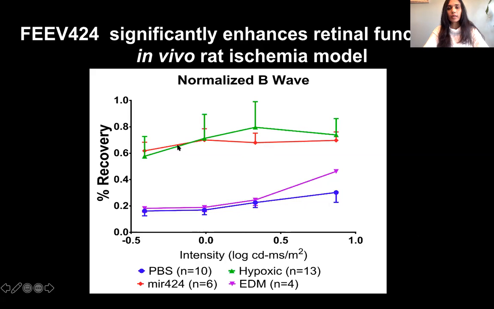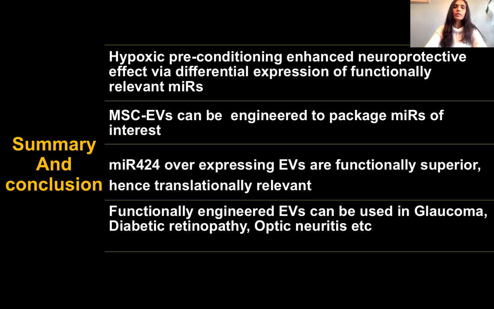The green and the red lines are the B wave, which is significantly showing that the functionality is enhanced or improved after we injected these functionally engineered EVs into the retina, confirming they have superior qualities or more therapeutic effect than the normal EVs alone.